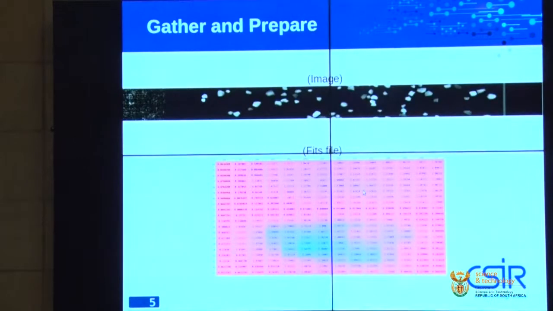So this is an example of our data. The raw form of our data is an image in JPG format. And then we have a FITS representation of the image. Each and every pixel is classified according to its location, in X and Y, and then its intensity value inside the cell.